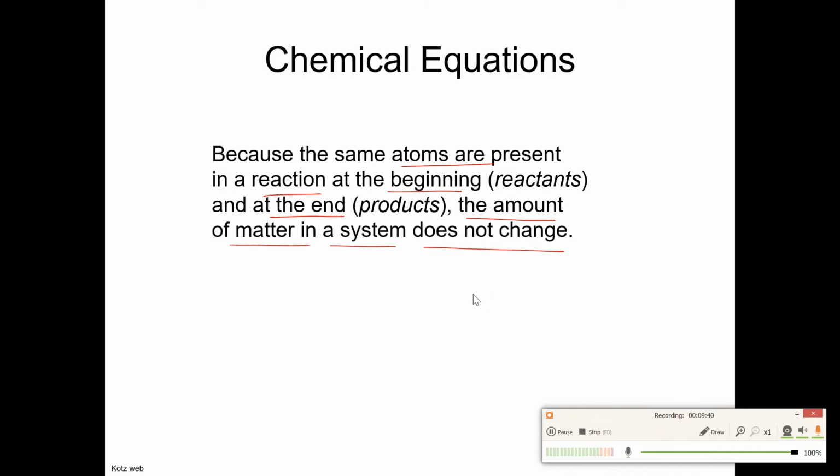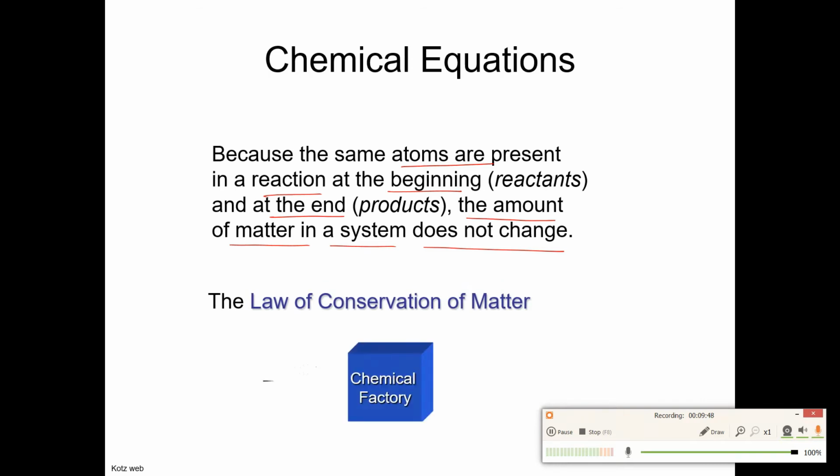It means that in the chemical equation, we will also find a kind of law of conservation of matter. If we say that 100% of these reactants go into the chemical reaction, then at the end of the reaction, again 100% of these atoms of the reactants will be obtained.